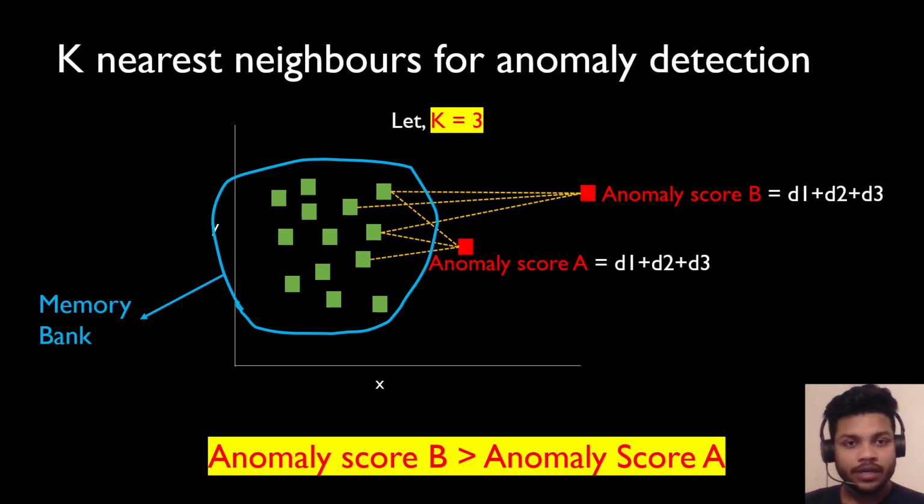The green points, which are already available to us as a normal dataset, we call a memory bank. After we understand the concept of k-nearest neighbor and how anomaly detection is done, the question comes: how will we convert our images into this sort of data? For that, we are going to use a pre-trained network.